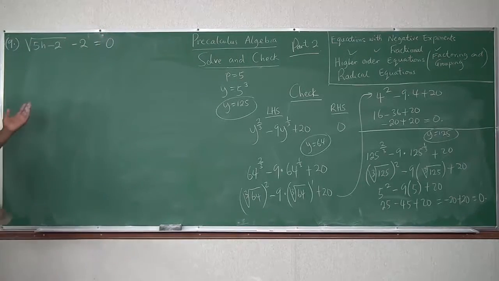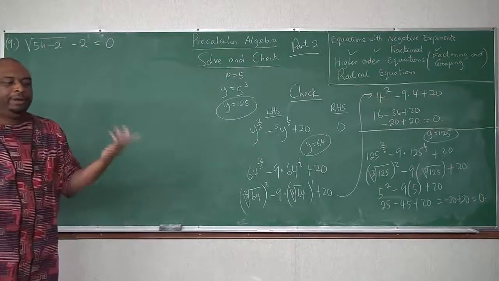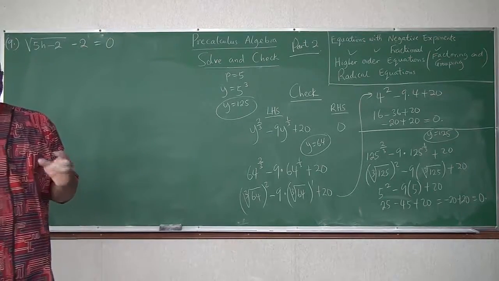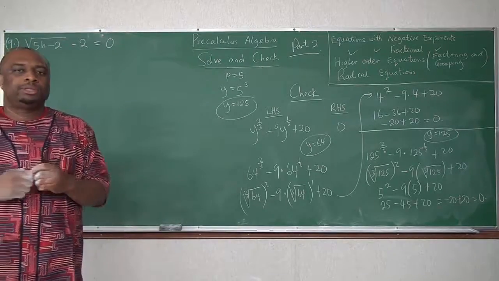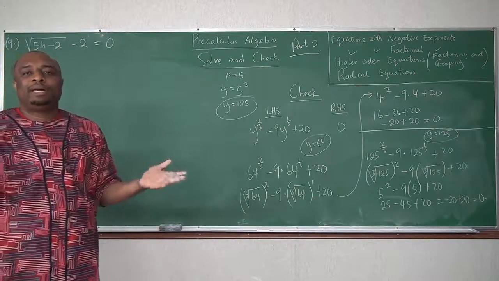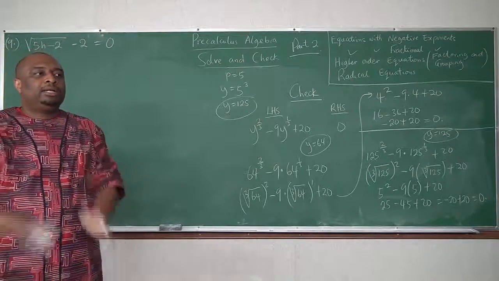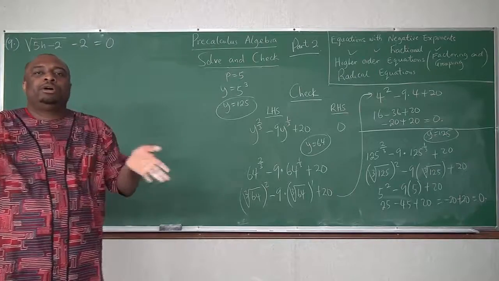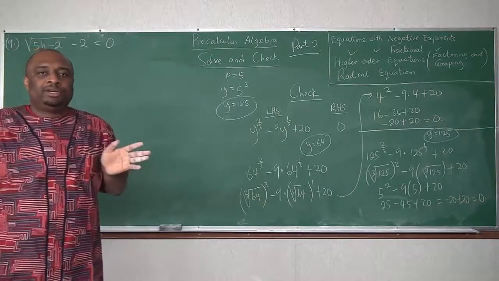Okay, so in this case we only have one radical. In the previous video we saw a case of two radicals, and we said if you have two radicals, you will have to square both sides, okay? And if you have two radicals, make sure one radical is on your left and the other radical is on your right.